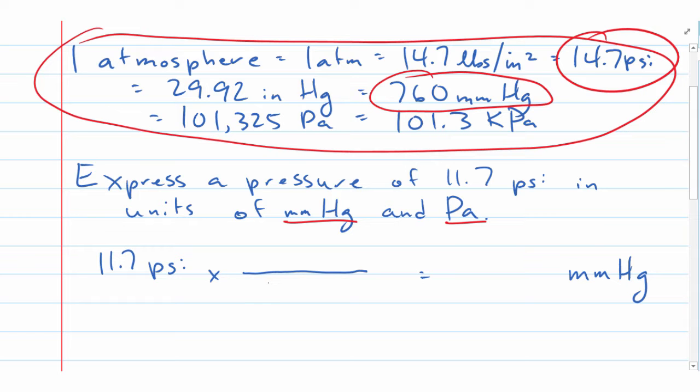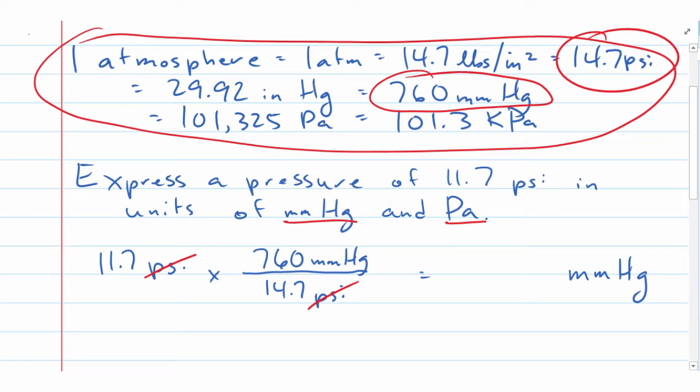On the bottom, we put 14.7 psi, and on the top, 760 millimeters of mercury. Once we do that, what happens to units? Cancel. Which ones cancel? PSI. PSI cancels.